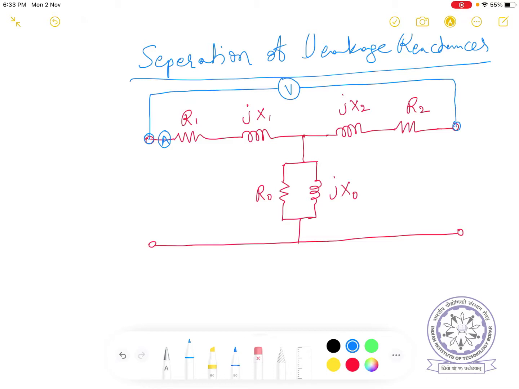If I connect a voltage source here and measure this current I, then is it possible? What will happen? The current will flow through this and then through this. Assume that this is open.